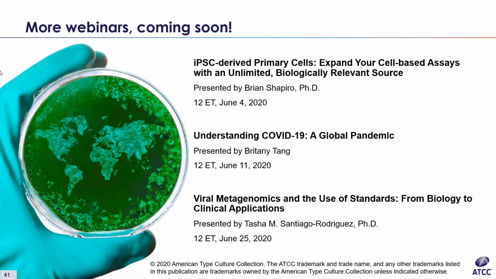One way would be using a little bit of serum when you initiate the culture, then removing the serum and replacing it with something like BPE, bovine pituitary extract. The other way is to totally eliminate the serum and just use the bovine pituitary extract. That's one way I would suggest doing it.